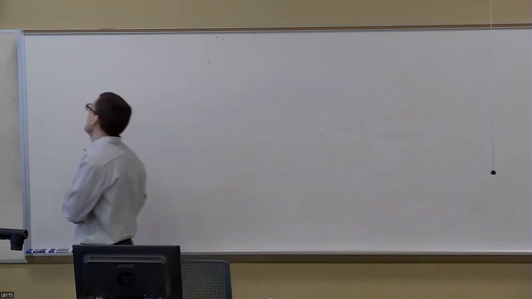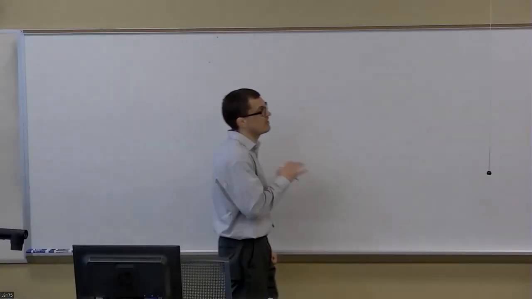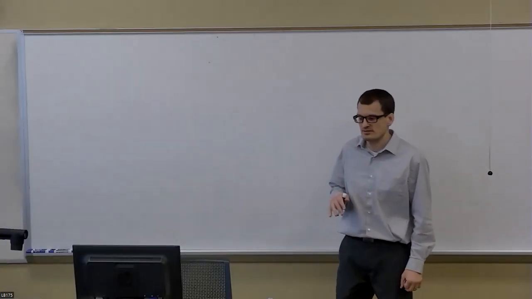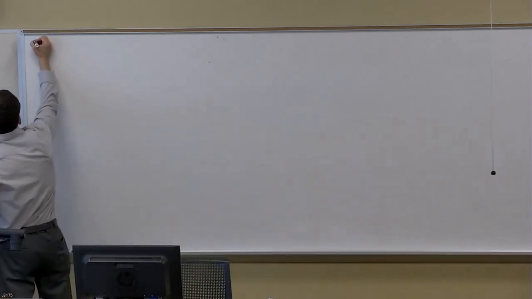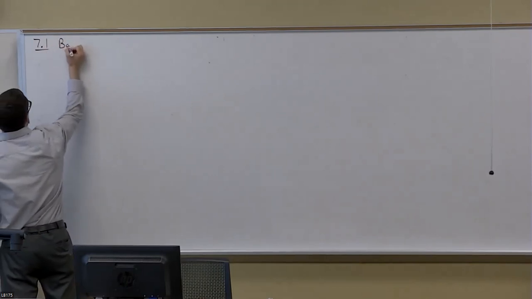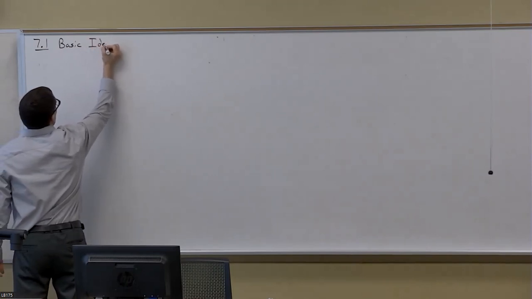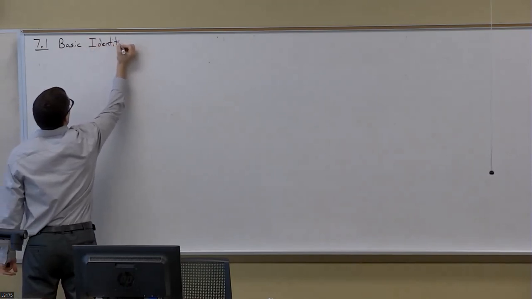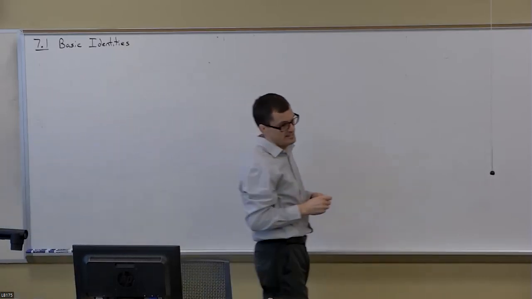Now, I'm going to move on to chapter 7. We're done. That's all you need to know for chapter 6. And we're going to move on to chapter 7. Chapter 7 is all on trig identities.